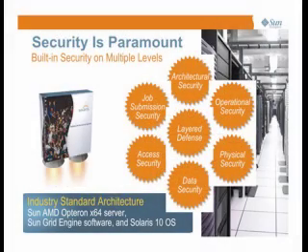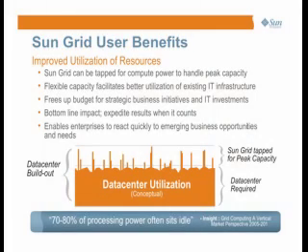Security, I won't spend much time on it again, but it's by design built to be secure. It's by design built to be a production facility, and there are many different aspects of this security.